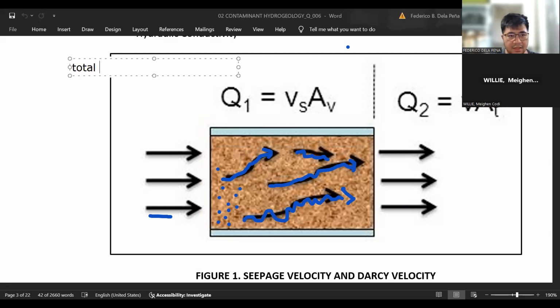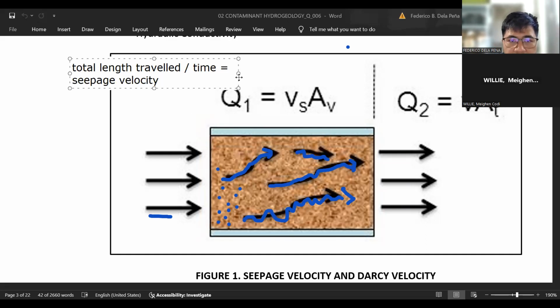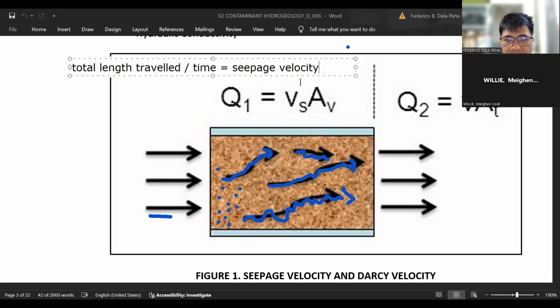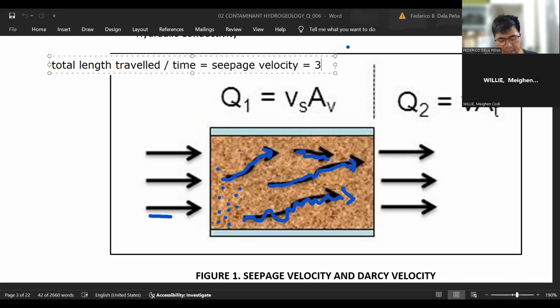Total length traveled divided by time equals seepage velocity. We also informally call this a 3D velocity.